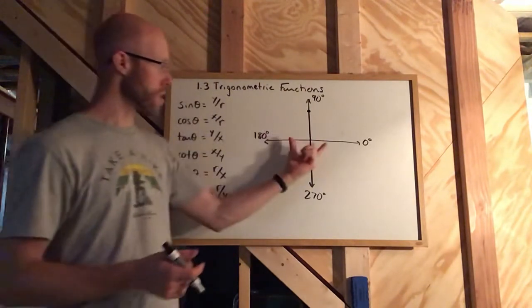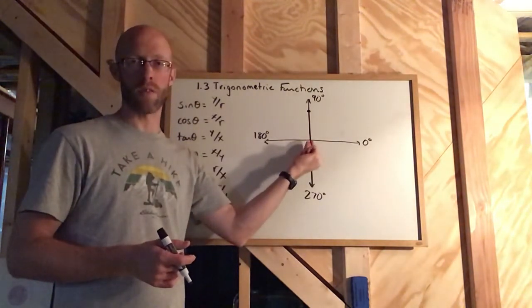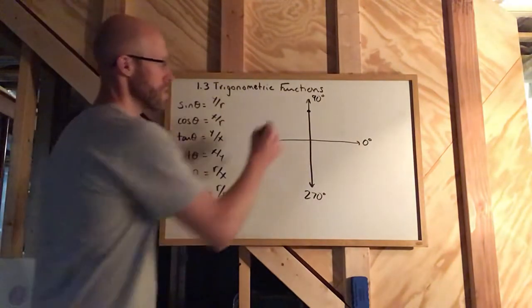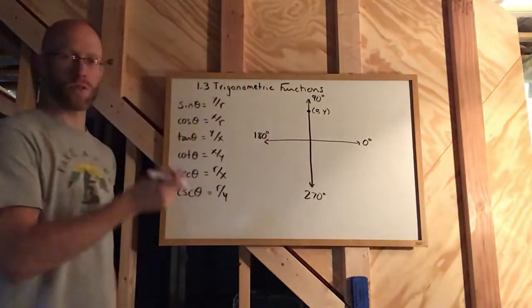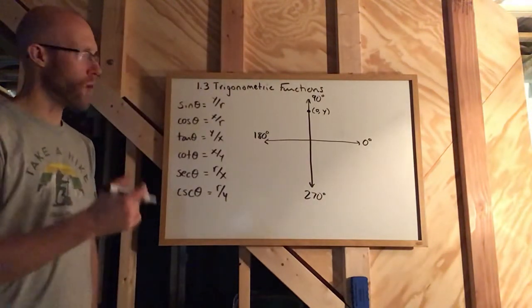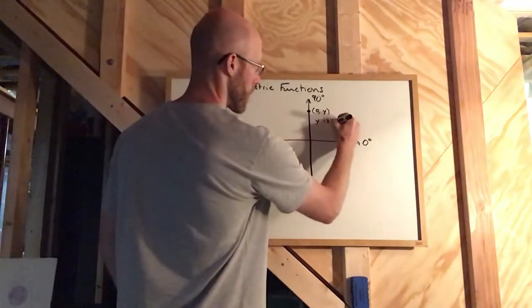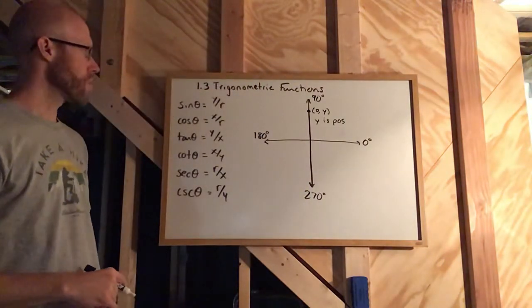Well, on 90 degrees, your x is 0, right? You have to shrink x down to 0, and then you have a y value that goes up. So this is going to be the point 0 comma y, because there's definitely a 0 in the x coordinate, and the y value is positive.